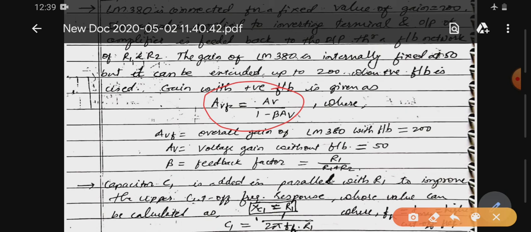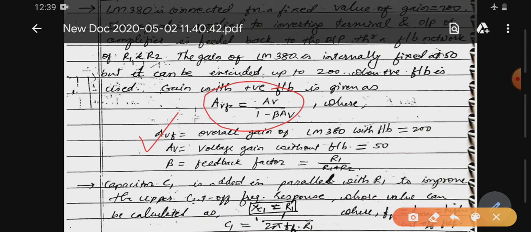Where AVF is the overall gain of LM380 with feedback, equal to 200, AV is the voltage gain without feedback, equal to 50, and beta is the feedback factor, which depends on the values of the two resistors: R1 divided by R1 plus R2. So beta is the feedback factor whose value depends on the resistor values.